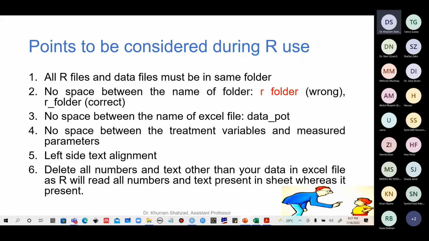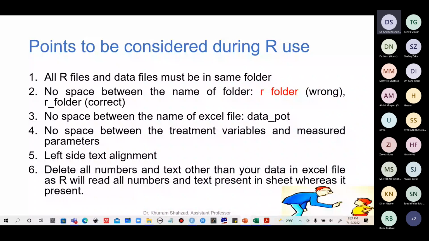Another thing, there should be no space in the folder name or file name. Sometimes it's a single space, sometimes a double space, and it will give you an error. You can write with a dash, an underscore, or a dot in folder names. So you do not have to give a space between two names, and no space should be in the Excel data file either. There should be no space in your folder name or your data file name, and no space between names like the treatment variable and measured variables.